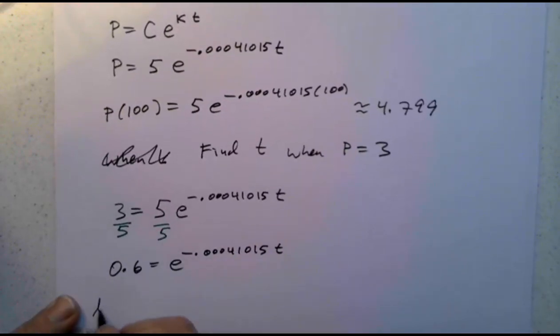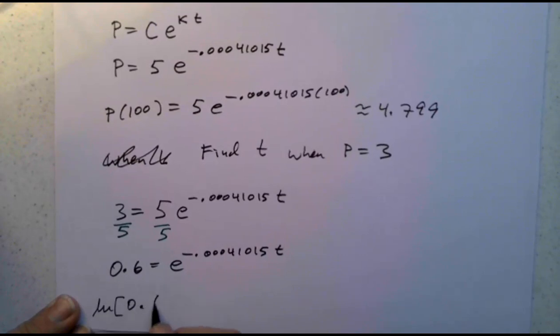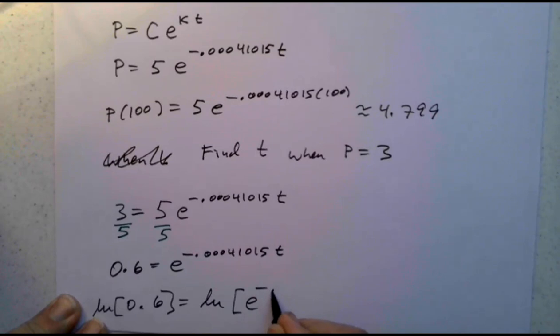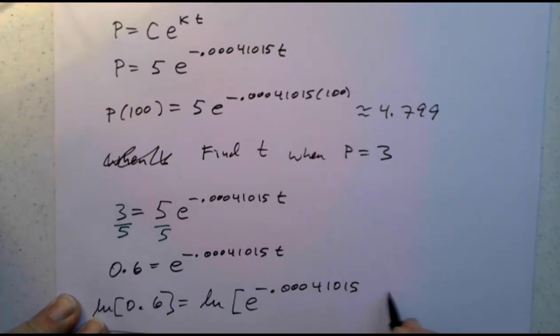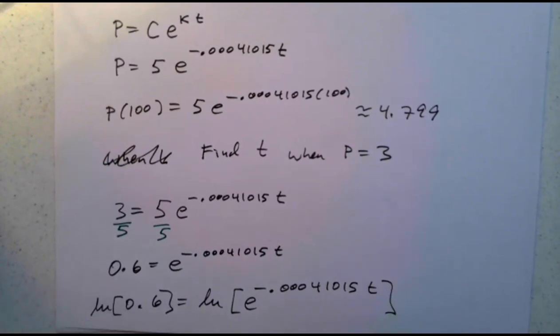Let's hit both sides with a natural log. So natural log 0.6 equals natural log of e to the negative 0.00041015 t. And we know that with logs, you can pull the exponent down in front.